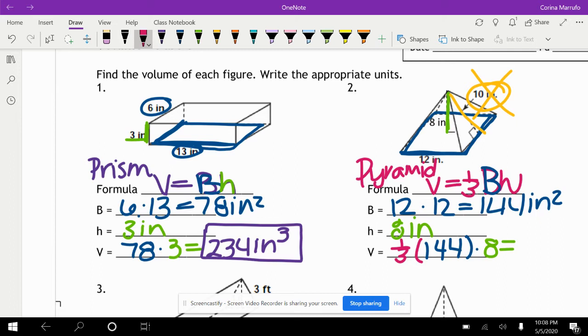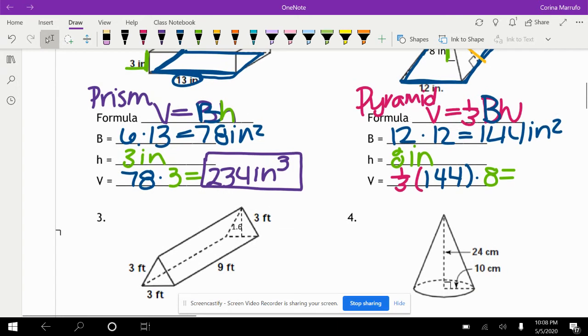And that gives us 384. And then our units are inches to the third power. 384 inches cubed.